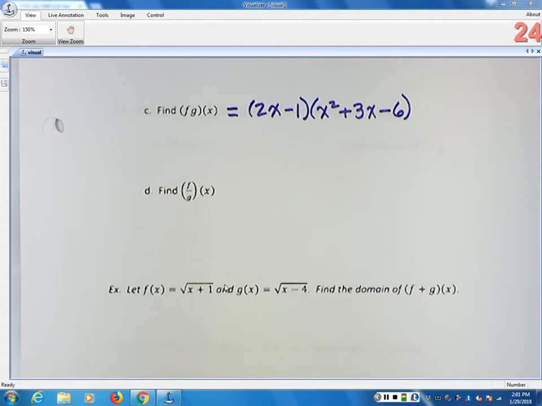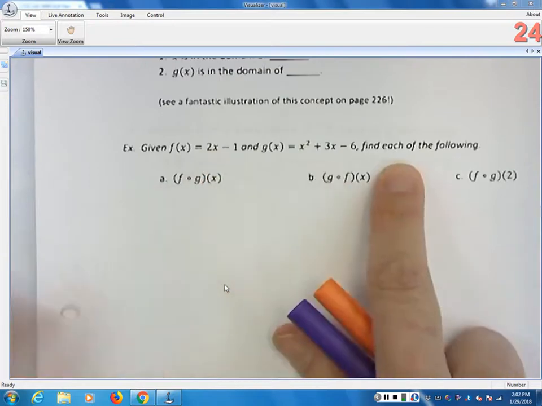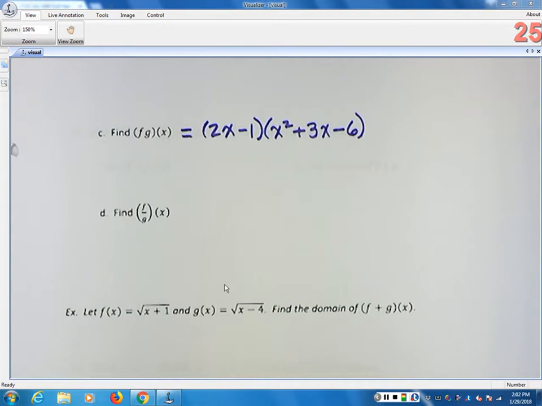Well, did I write that down wrong? That's not the equation that I have. No, that is not. Oh, I was looking down at the example at the bottom of the page. Okay.